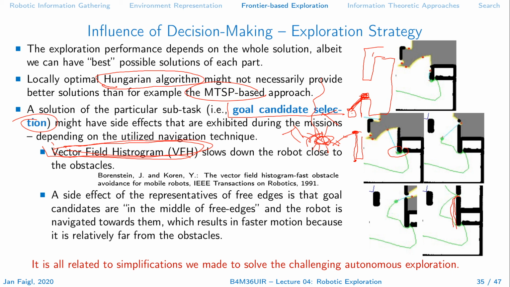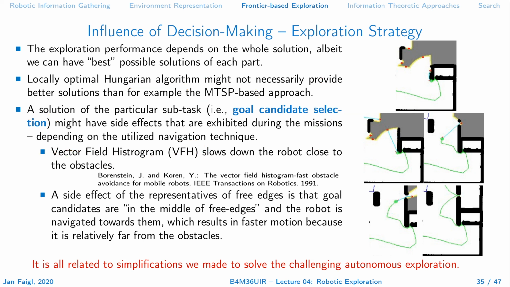So it's all about the simplification we made, but exploration is challenging because it needs to consider all of them in the final deployment. Even if you consider some simplification that makes sense, once you deploy it on the robot, depending on other parts like navigation, it may have a different performance.